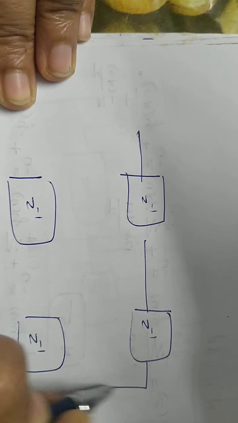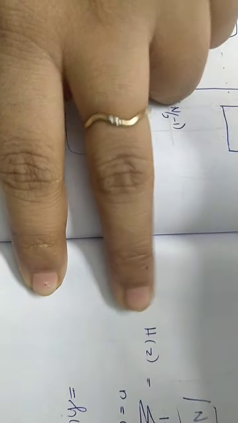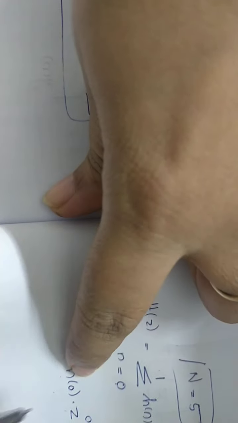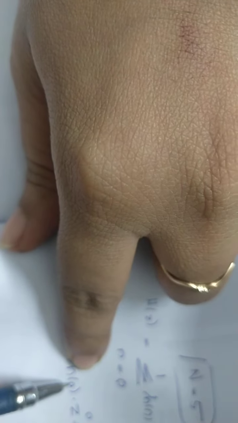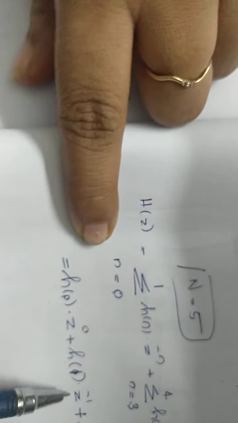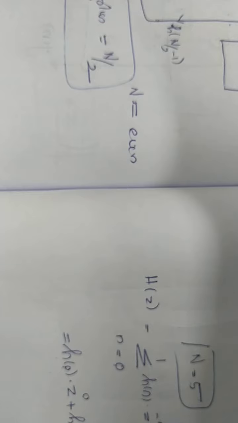Okay, here you can see that in this equation, h of 0 and the z inverse term, the coefficient of h of 1.